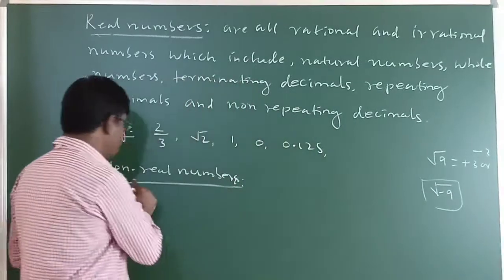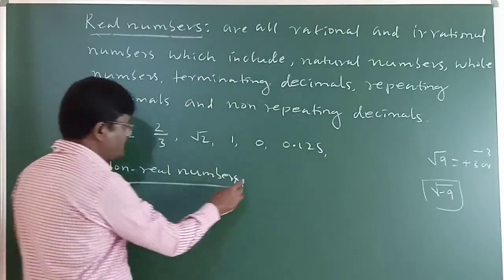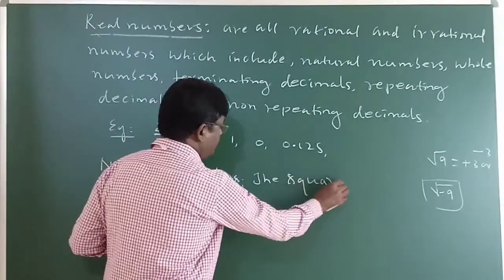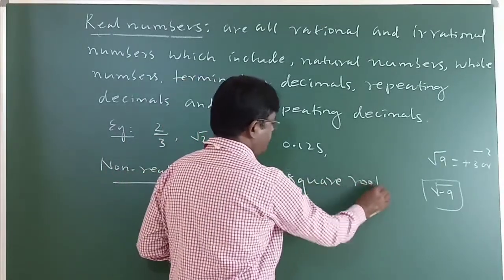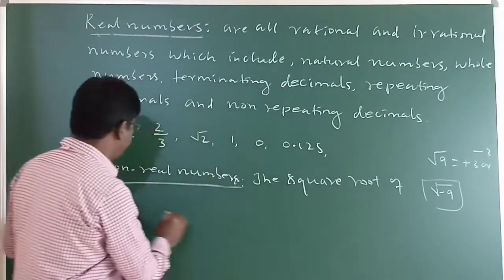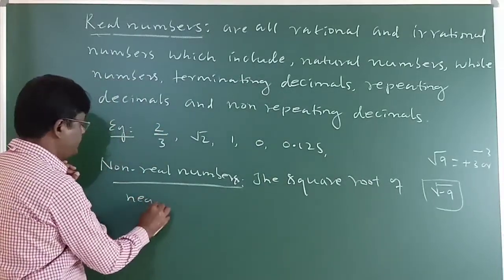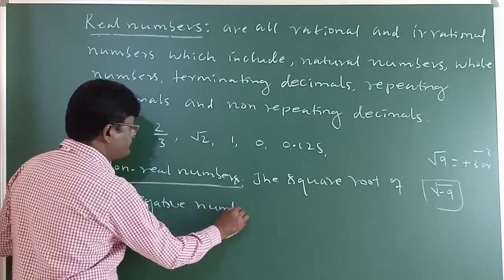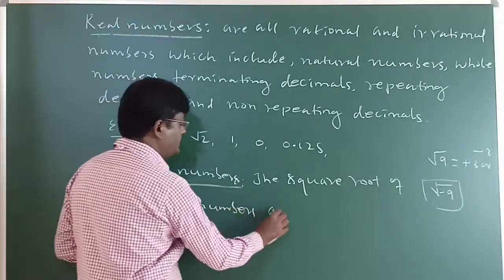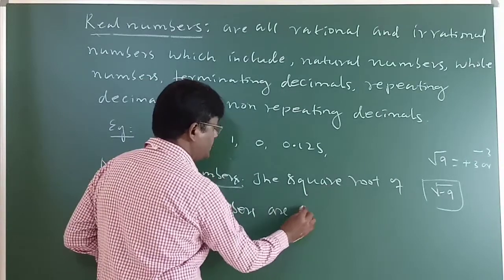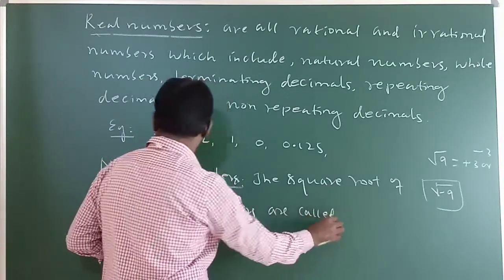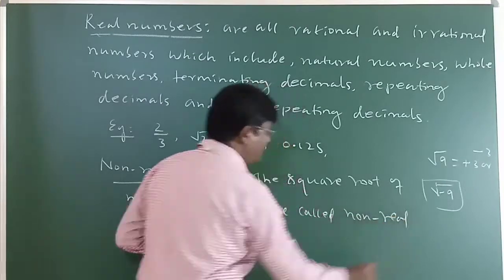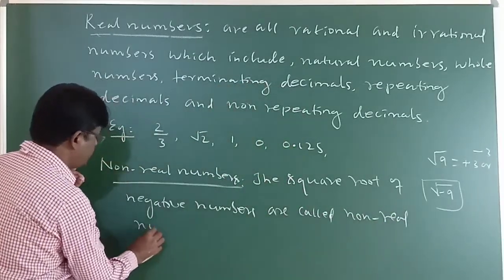Look, children, now we should define non-real numbers. The square root of negative numbers are called non-real numbers.